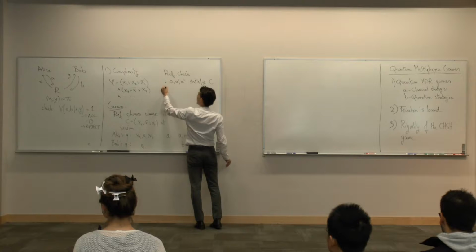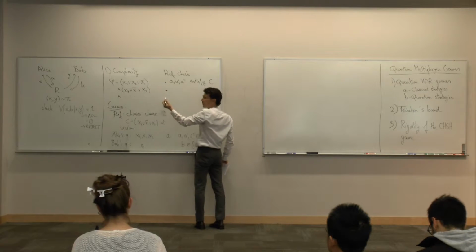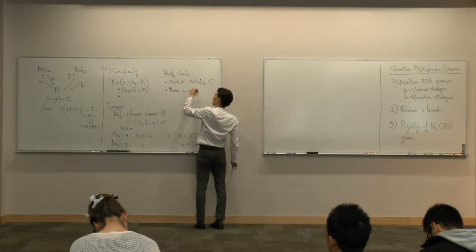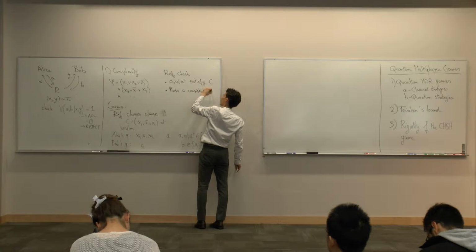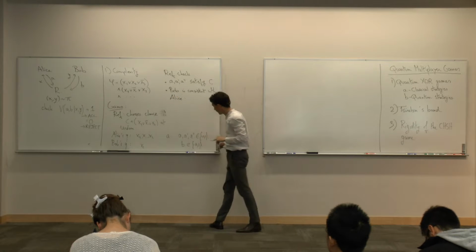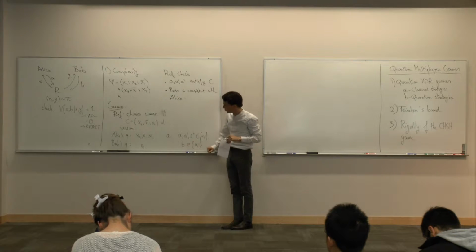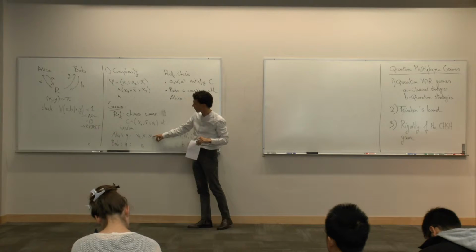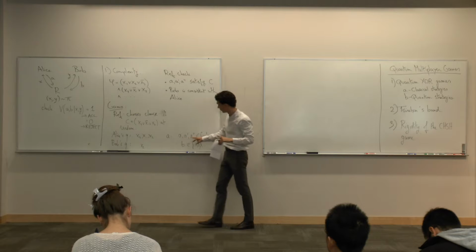That's one check. The other check is that Bob is consistent with Alice, meaning that this B is supposed to be an assignment to the variable x2. I also asked Alice about x2, and for x2 she told me A double prime.